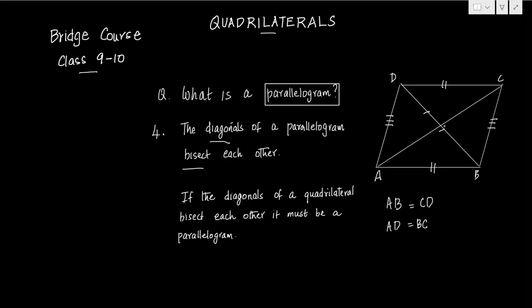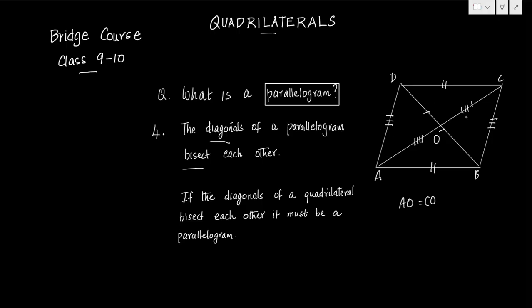So BD, when it cuts AC, that means it cuts AC in a way that if we have a point O, AO equals CO. Let me clear this up. AO equals CO because BD cuts AC.